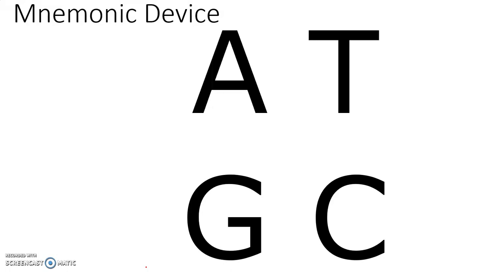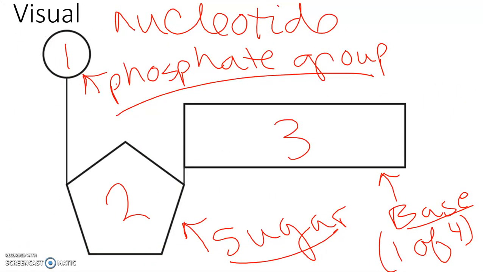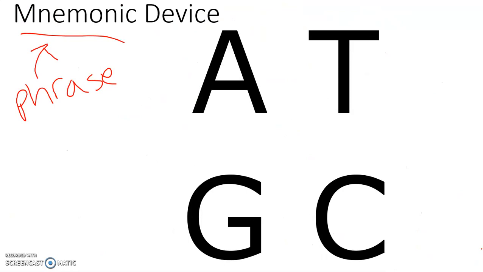Another way to remember the structure of DNA is with a mnemonic device. So the term mnemonic is just a fancy word for a phrase. Okay? So if you remember on the previous slide, we talked about that there were 4 nitrogenous bases. These are the 4.